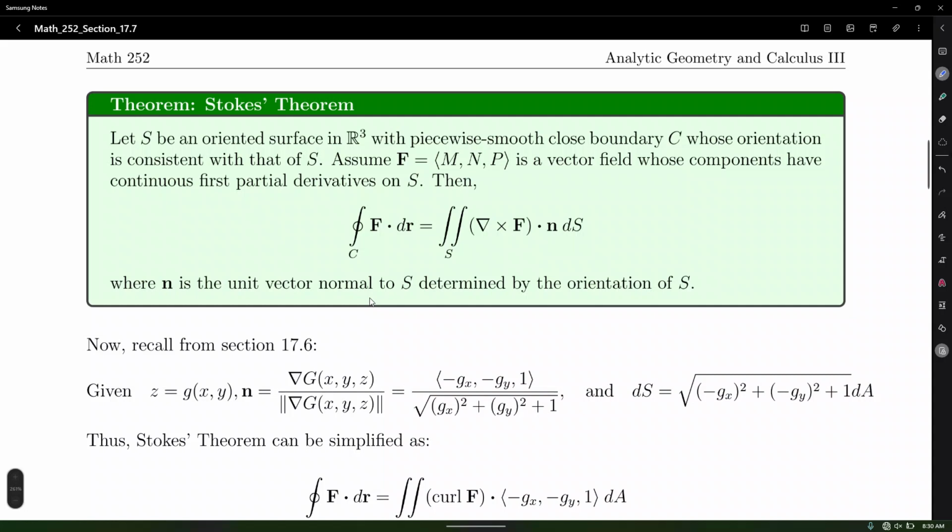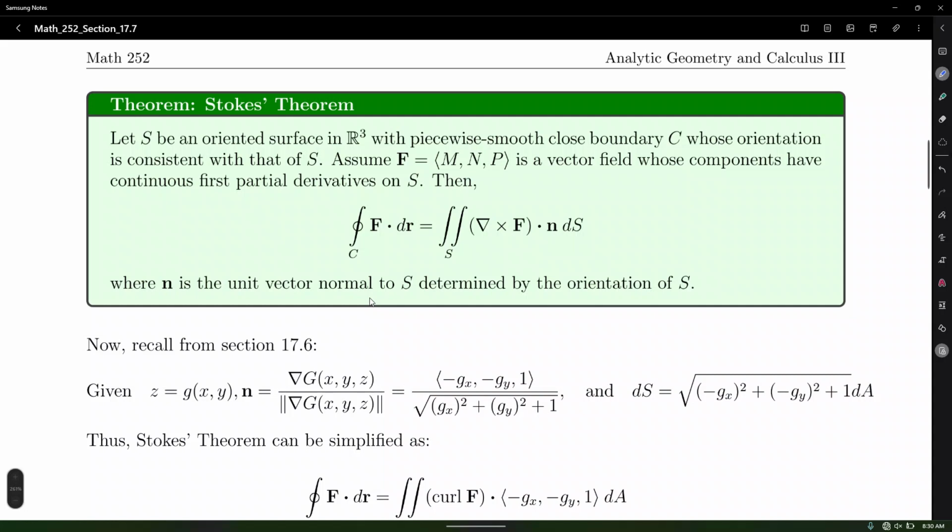In a similar way that we use Green's theorem to evaluate a line integral using a double integral over a planar region, we're going to use Stokes' theorem as another tool to evaluate a line integral by means of a surface integral. That's why we have the dS, and why we discussed surface integrals before.